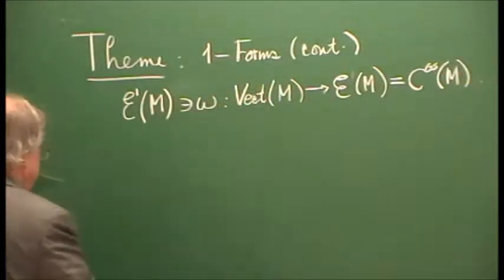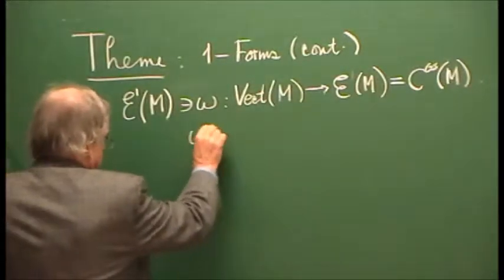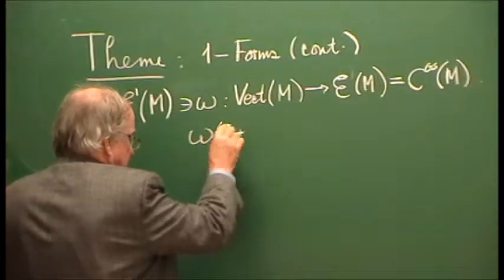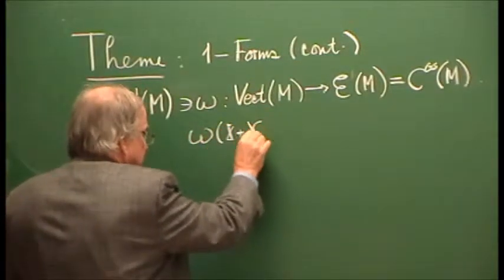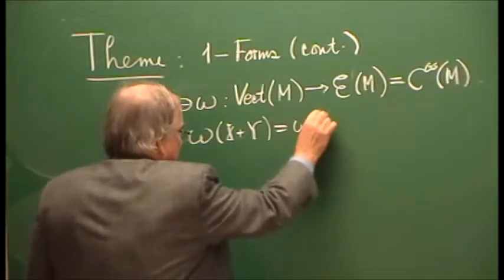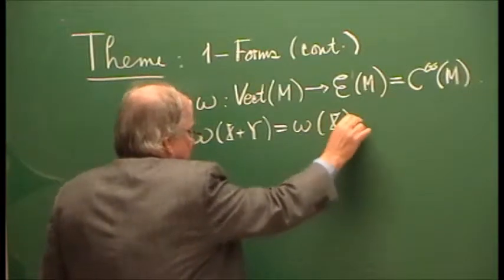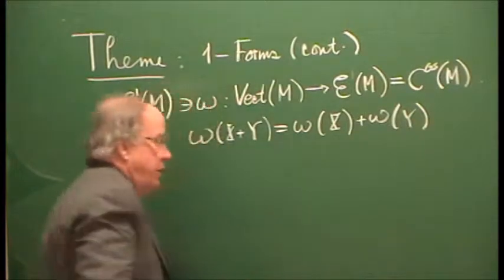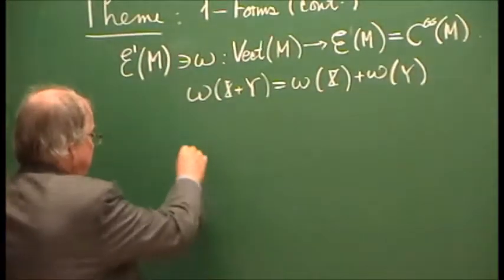And it has two properties. Of course, it's linear. In the sense over the constants, it's linear. Oh, it's additive, excuse me. But it's more than just linear over the constants.